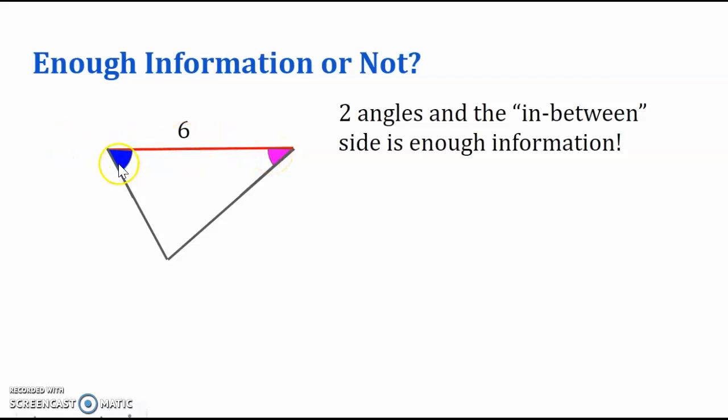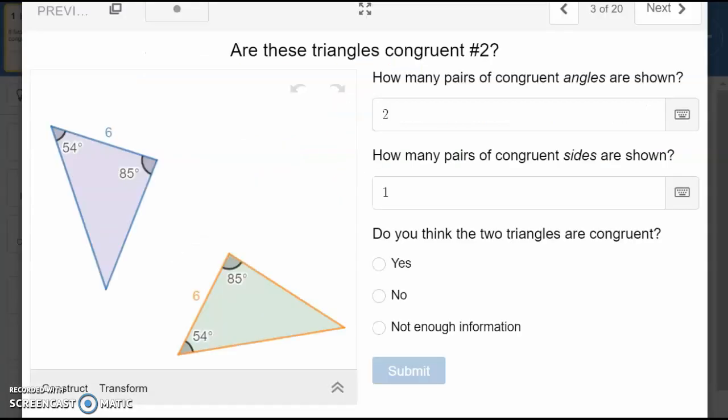So when you have an angle, the included side, and another angle, that is enough information. We can conclude that yes, we have enough information and they are congruent.